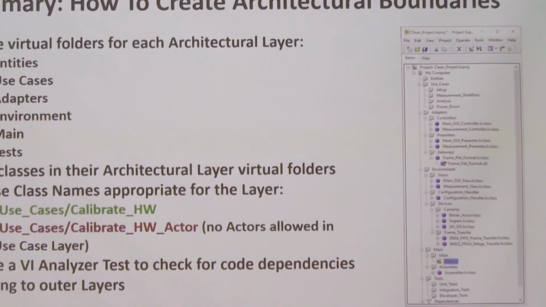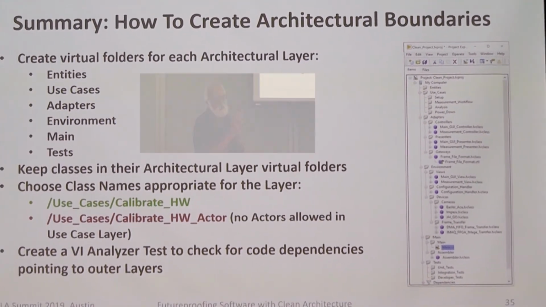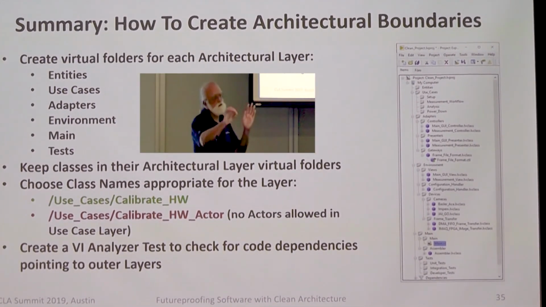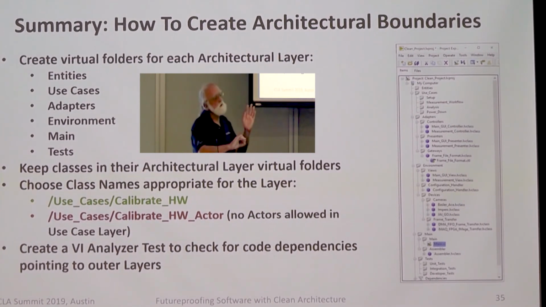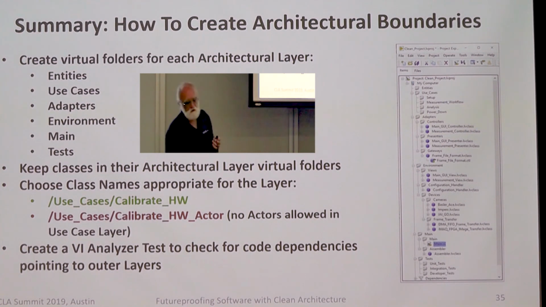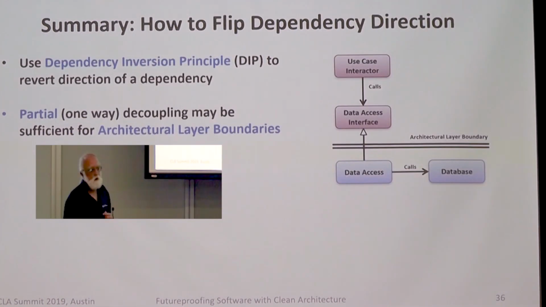then you can create a VI Analyzer test that checks that lower level components don't call into top level components. Business logic doesn't call into lower level. So this is a matter of organizing stuff. Once you get into plugins and PPLs and components, it becomes more difficult.